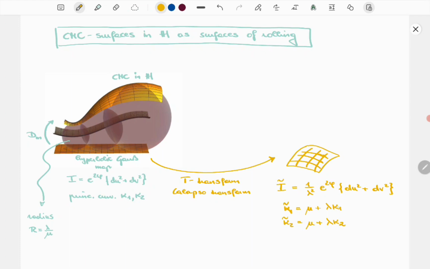So kappa 1 and kappa 2 vanish, so I'm getting here kappa 1 twiddle equals mu equals kappa 2 twiddle. So we're getting here a totally umbilic surface patch.